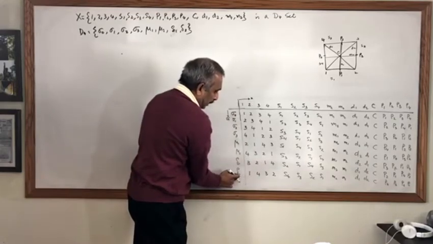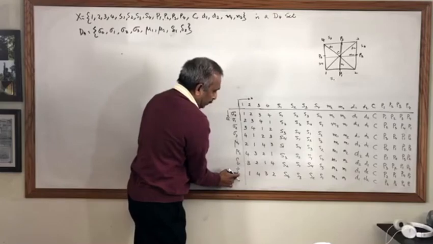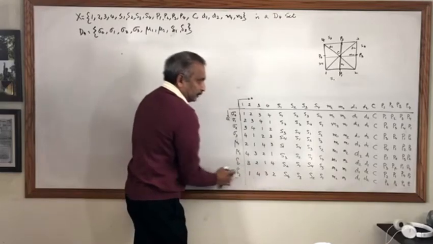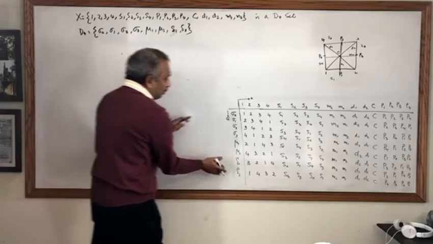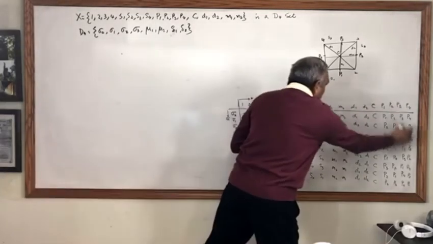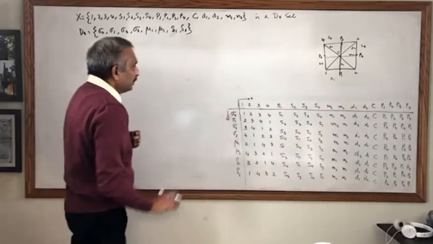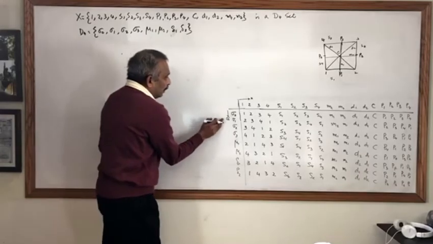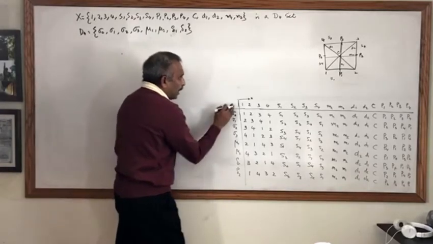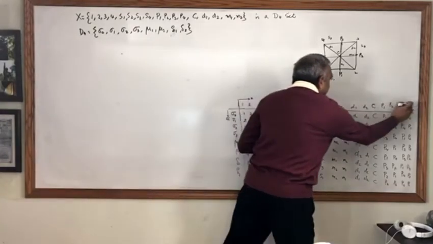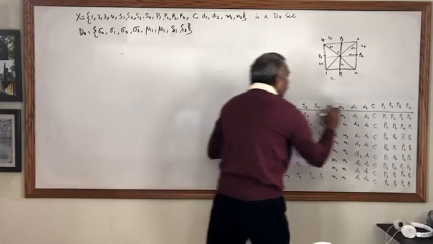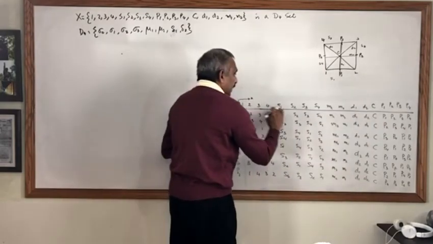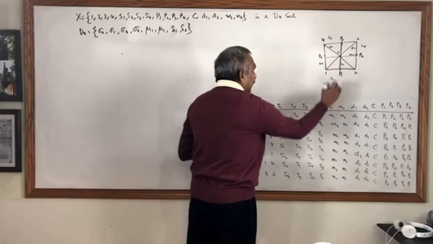And similarly, if you take the image on the other diagonal, you will get this. So that is how this action table is prepared. So this is a group, and this is a set of some elements: vertices, sides, diagonals, center, and all.